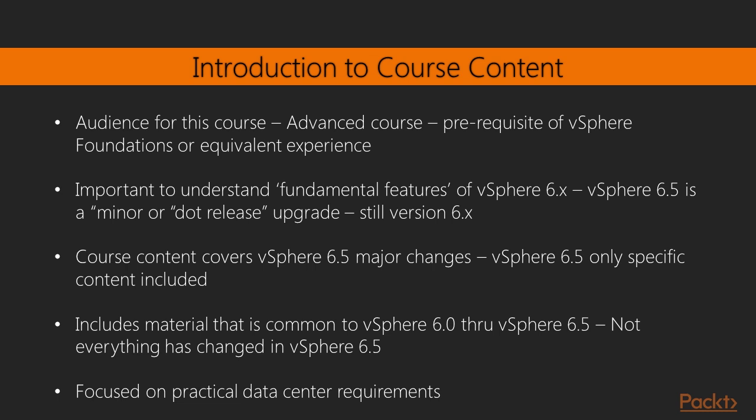But it does not mean that vSphere 6.5 changes everything in vSphere 6. There are advanced capabilities and new capabilities that have been added to vSphere 6.5. There have been some under the cover changes, especially in storage, that have been made. There is a new VMFS version 6 file system as an example, and there has been a lot of tuning that has been done as well.